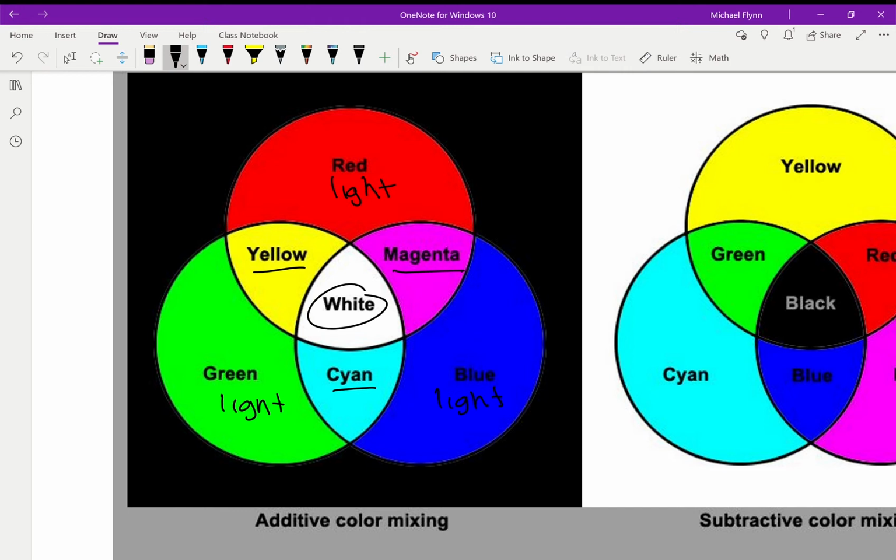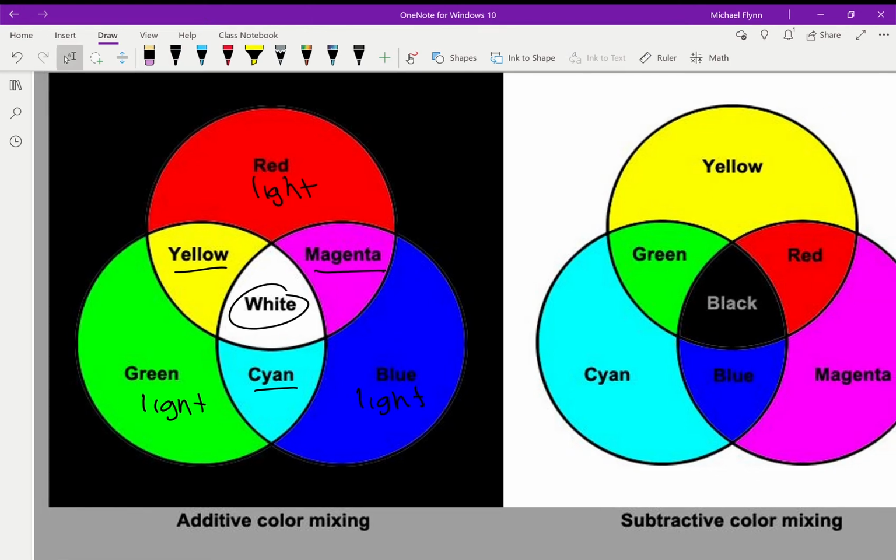So my red shirt absorbs green and blue from the white, and the one color that's left is red. Now, a blue shirt would absorb red and green. A green shirt would absorb red and blue, and that's why it looks green. But a yellow shirt only absorbs blue, and it reflects red and green, and so the shirt looks yellow.